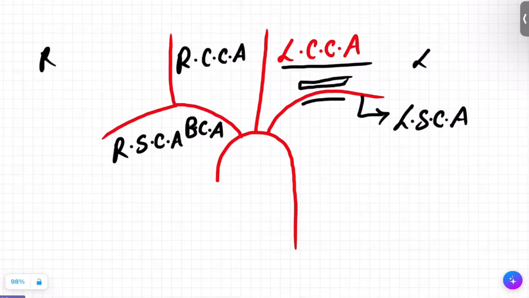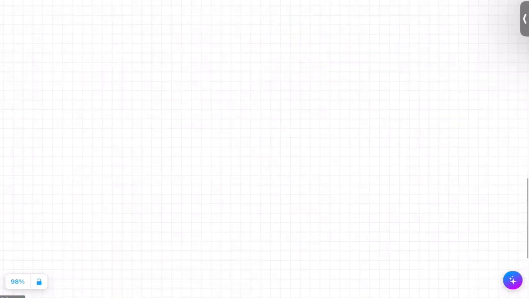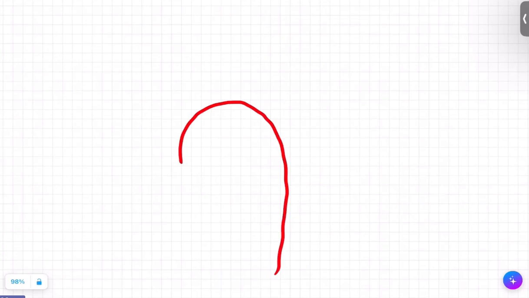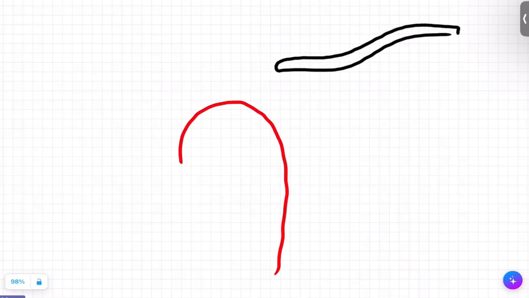First let's look at this part, the subclavian artery. So again, this is your arch of aorta. Let's draw our clavicle. You know your clavicle is anteriorly convex, posteriorly concave. And this is your first rib.